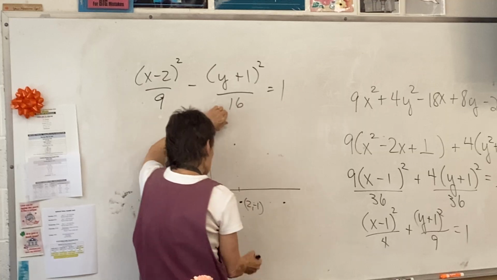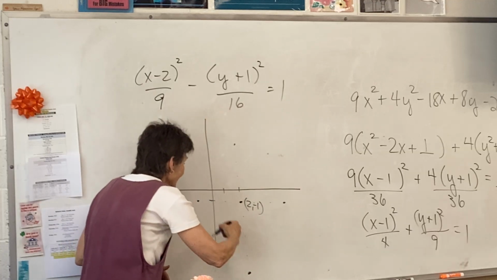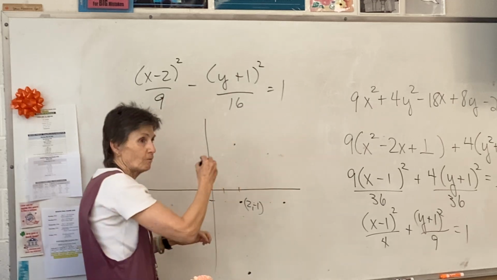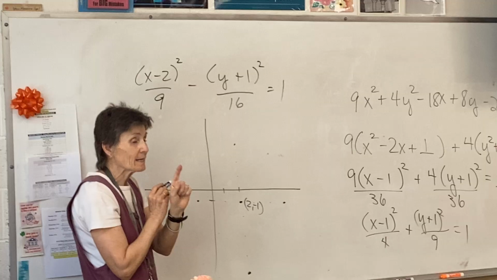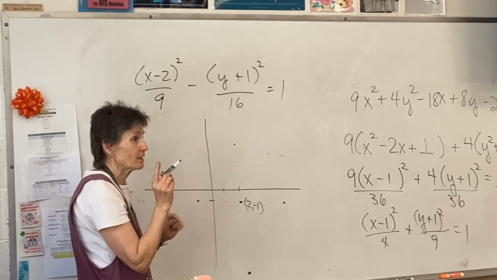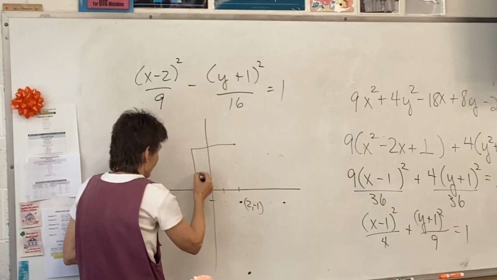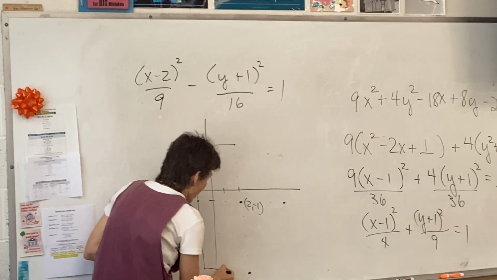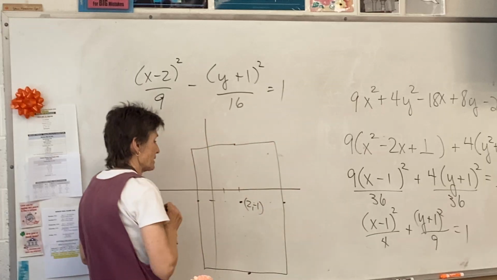Now, if it's an ellipse, we would connect those points with our oval, right? It's not. So we're gonna connect those points, but you're gonna connect them with a rectangle. So draw a rectangle through those points.